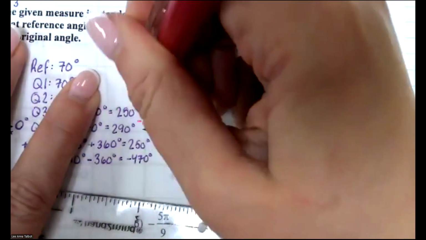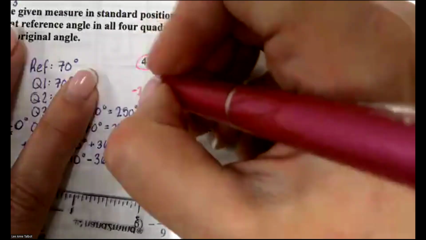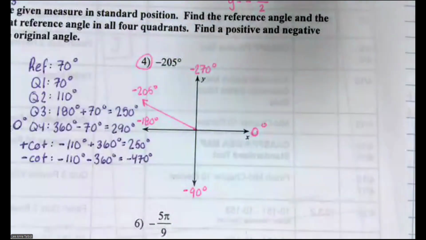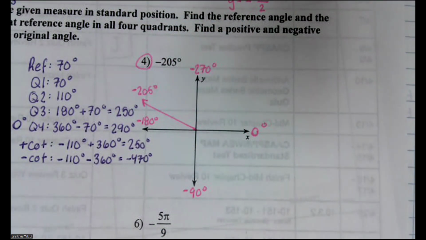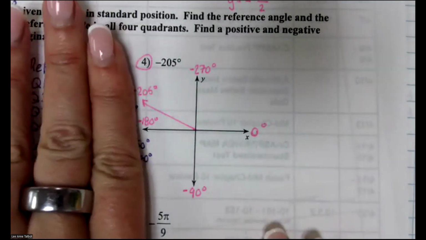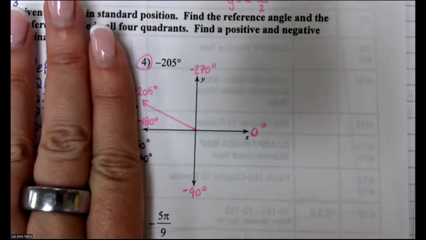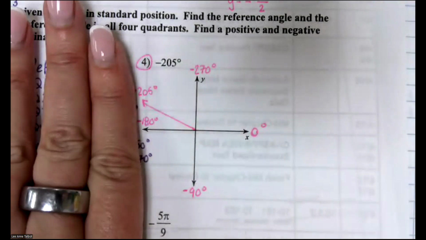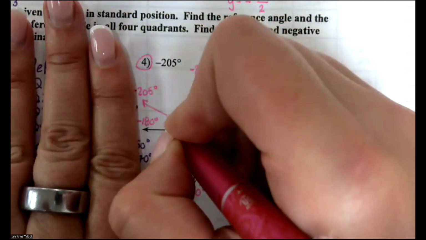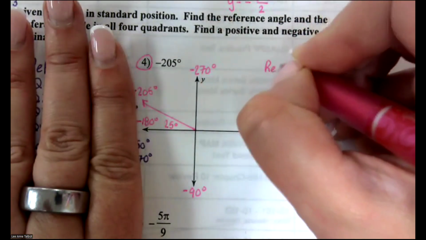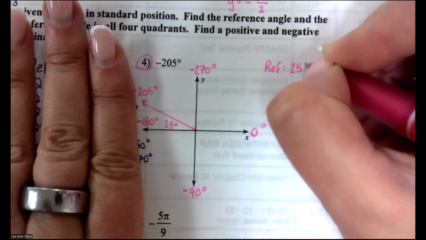Now you're going to ignore the negatives and say to yourself, how far away is that arrow from 180? 25. Great job. So the reference angle is 25 degrees.